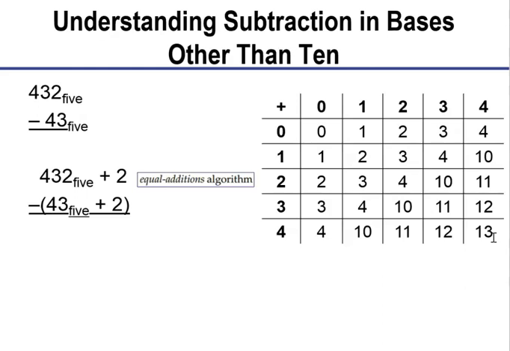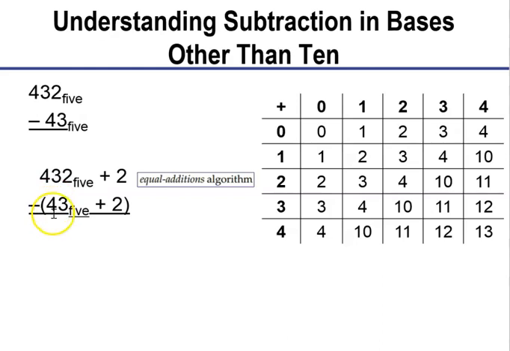Now we've decided to add 2 to the subtrahend. Why are we doing that? Because that 3 plus that 2 is a 5, but we don't write 5s in base 5. It goes over to the next, right?